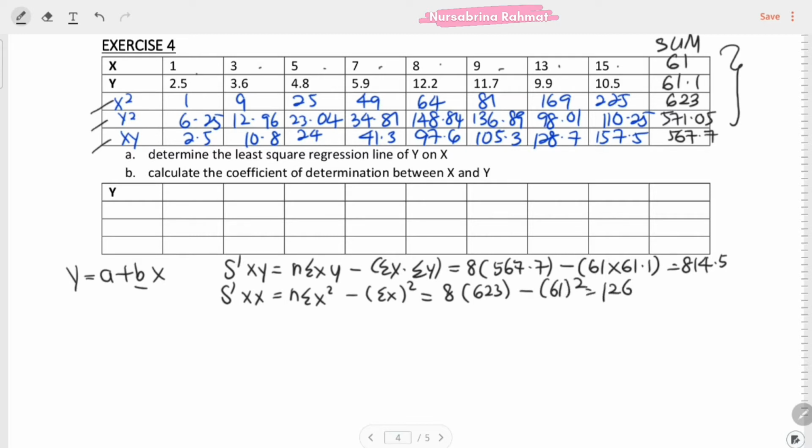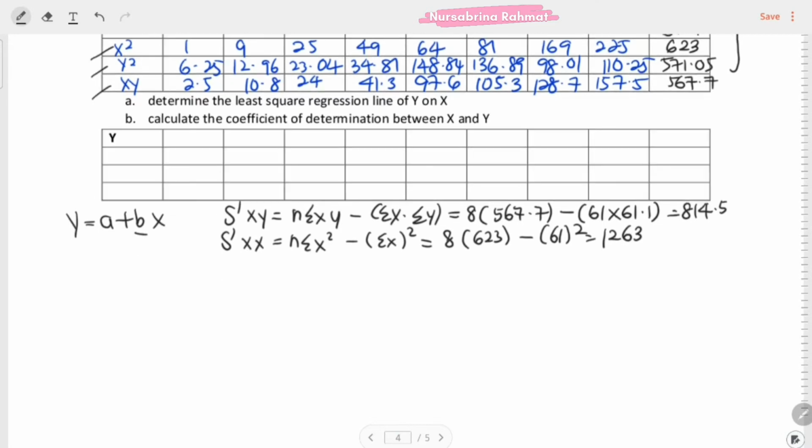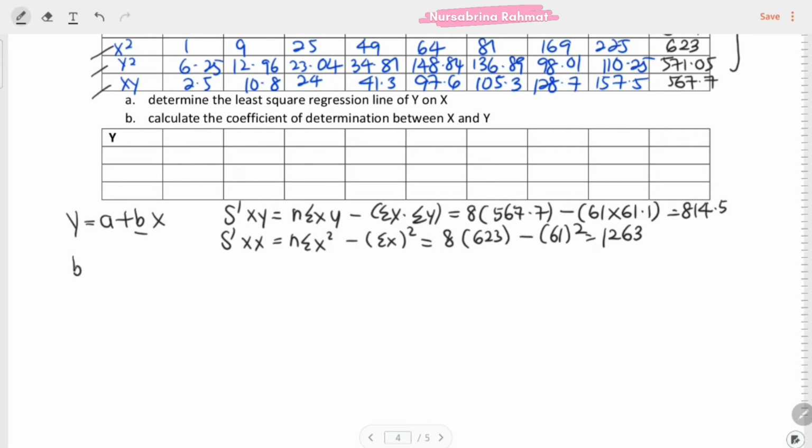So this becomes 1263. Then I'm going to substitute into my b formula. b equals S prime xy divided by S prime xx, which is 814.5 divided by 1263, which equals a positive number, 0.645.